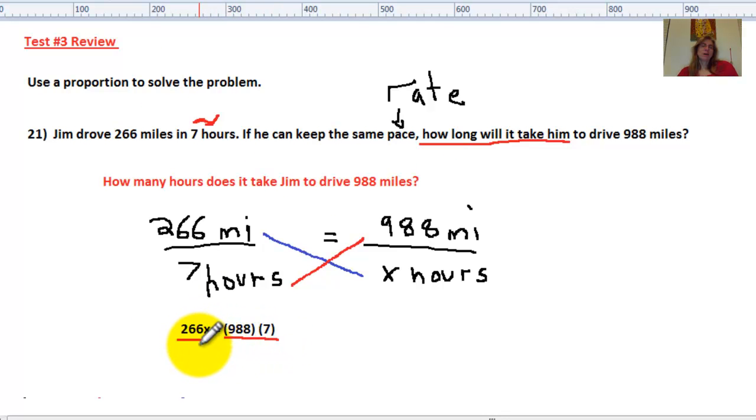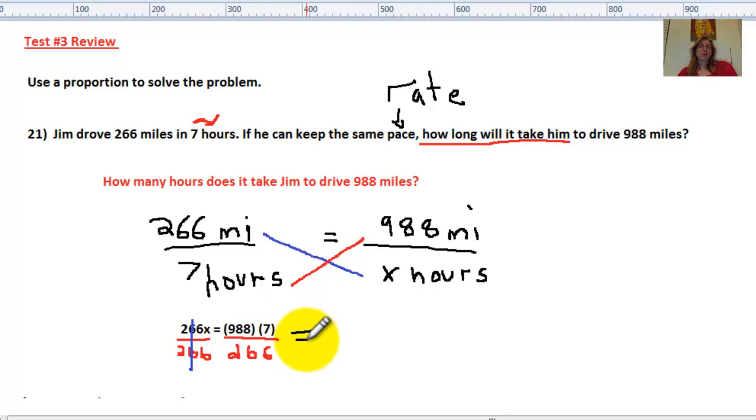So we divide both sides by that 266 to keep the problem even and accurate. What that does is it eliminates 266 over 266, and the X is standing by itself. So you have X now equal to 988 times 7 over 266, or divided by 266.